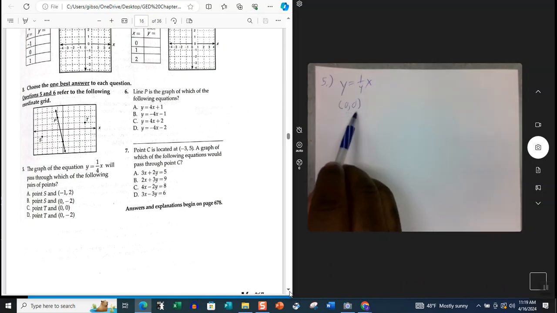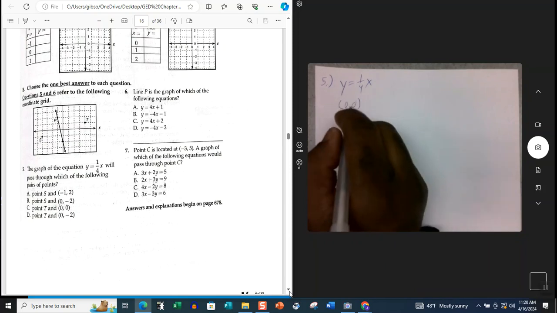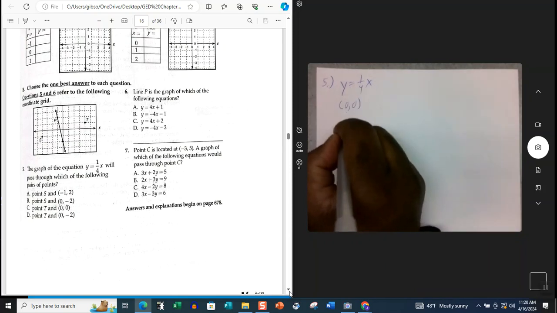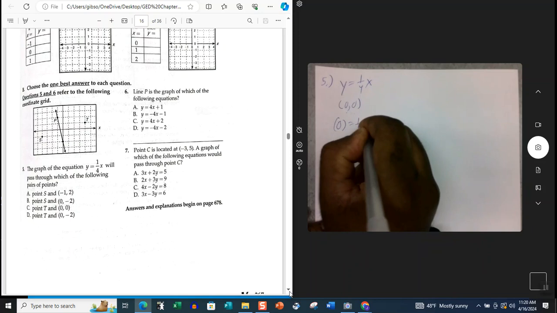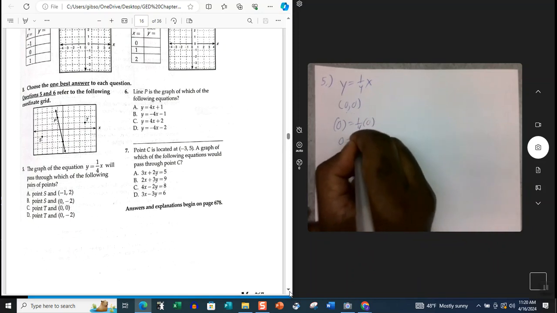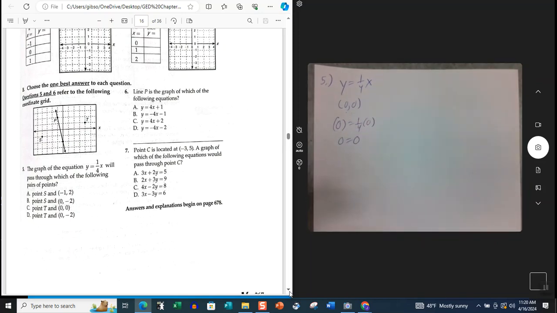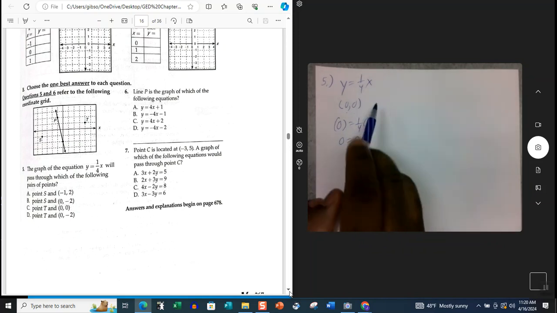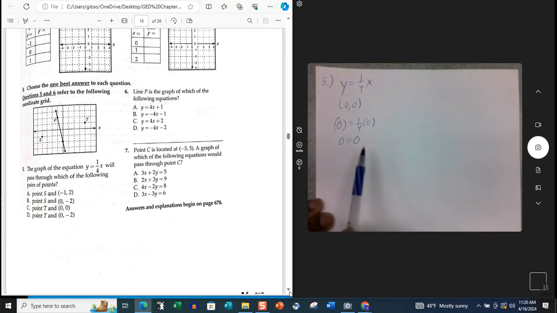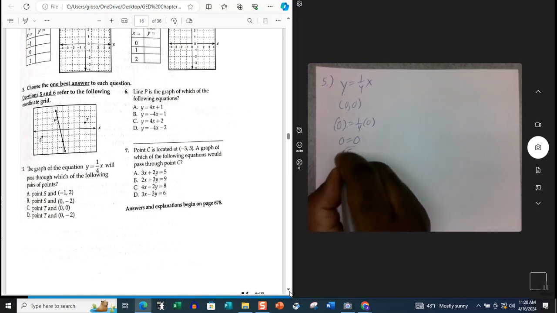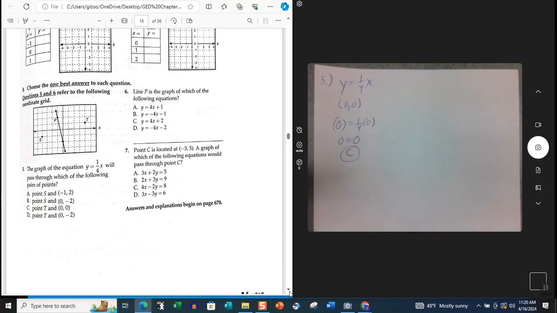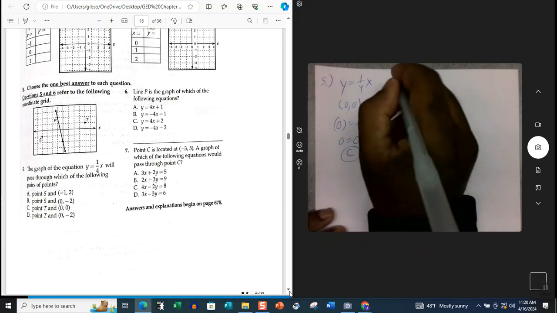Now remember, (0, 0) is significant because that is the coordinate of your origin. So we would substitute in 0 for x and 0 for y. So we have 0 is equal to 1/4 times 0, so this would be 0 equals 0. Remember, whenever we put in our point, it must make this equation true, and it makes it true. So that's why your answer is C. The rest of them, if you would have tried them, would have made it false.